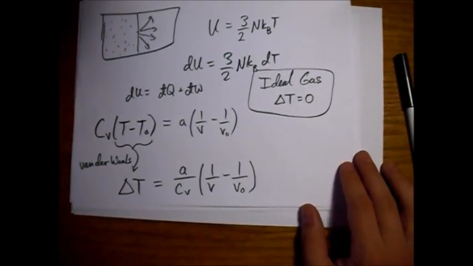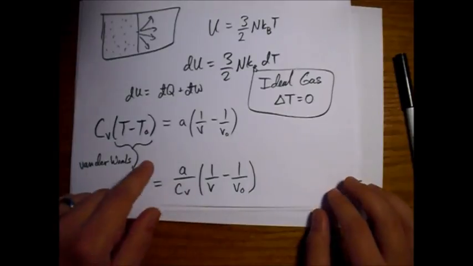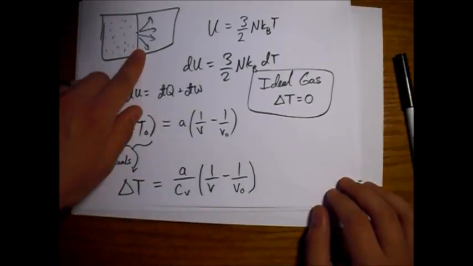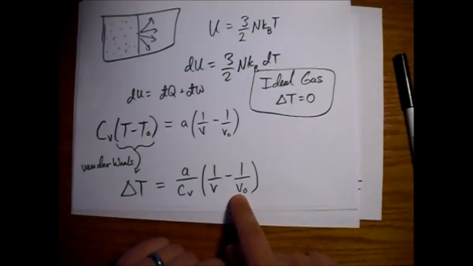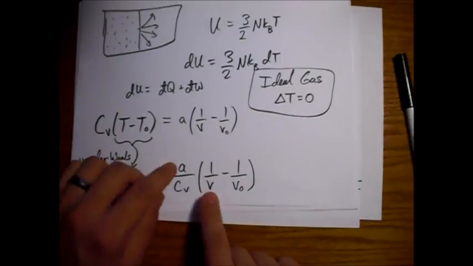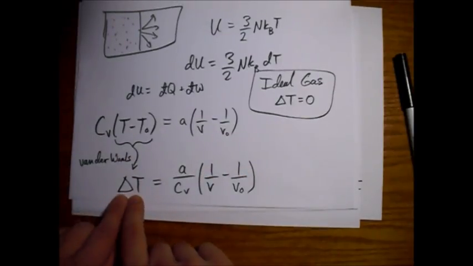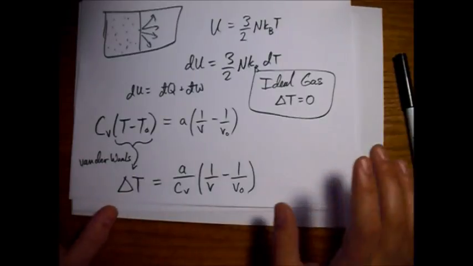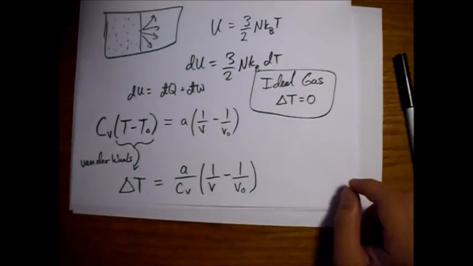So let's just see. If in the free expansion we were going from a small volume to a larger volume, then 1 over a large volume is a small number minus a bigger number, and delta T is negative. So basically it's cooling down as it expands.